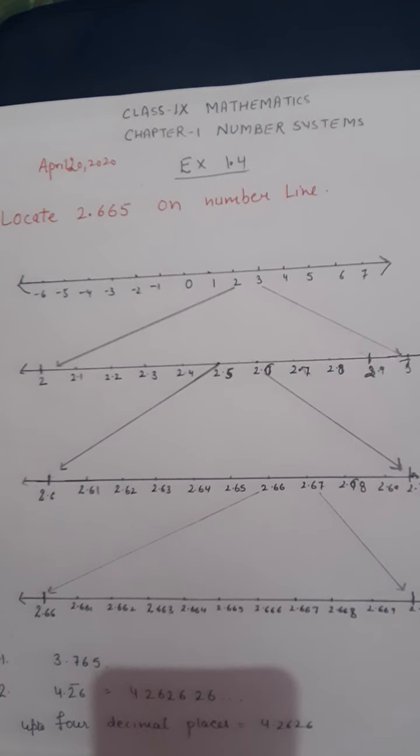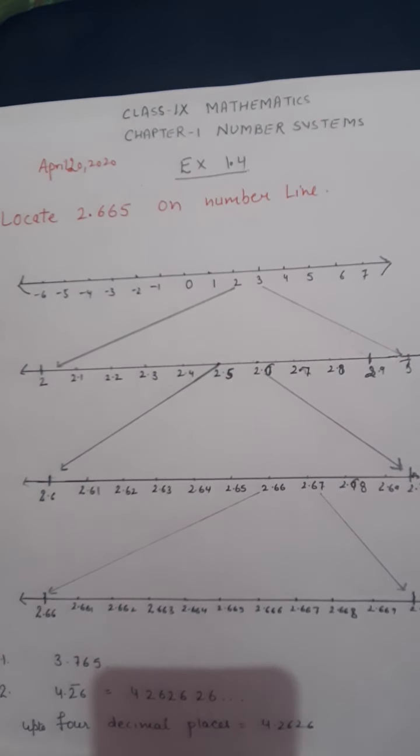Today we have to discuss exercise 1.4 of chapter 1, number system. In this exercise, we will learn how we can locate decimal numbers on the number line. Before this, we have seen decimal expansion of rational and irrational numbers.